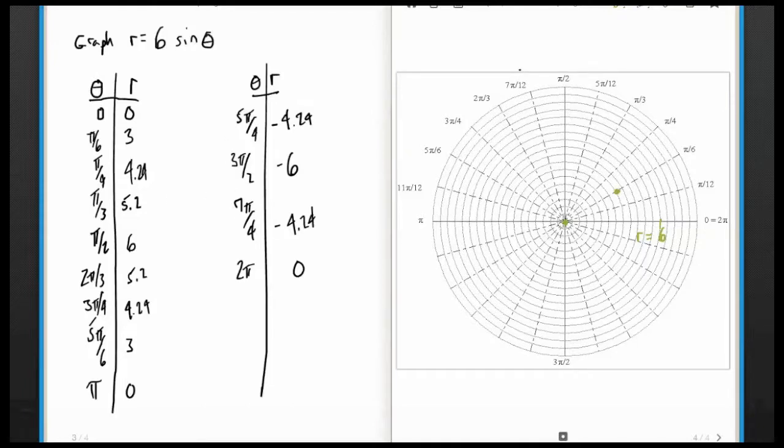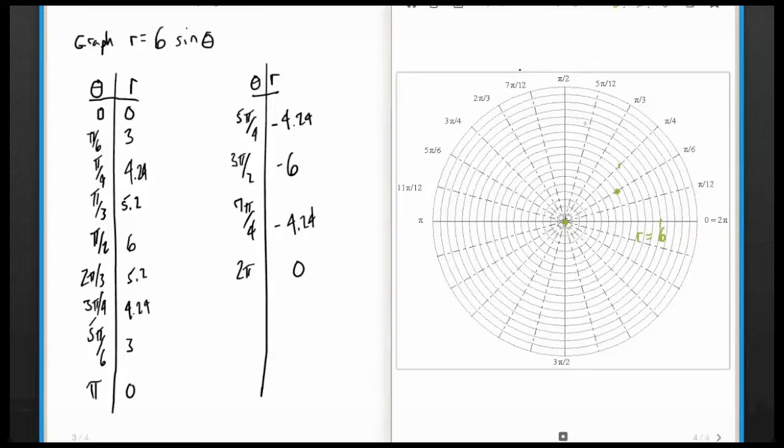When I go to pi by 4, it's going to be 4.24. So here's pi by 4. There's 1, 2, 3, 4 and a quarter-ish. Like that. And then at pi over 3, it's 5.2, so it's almost 6.